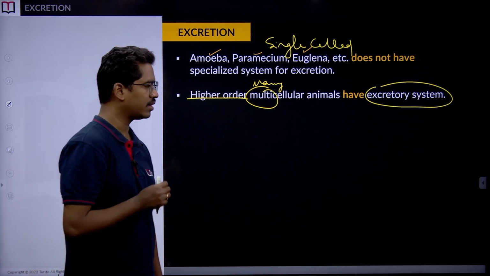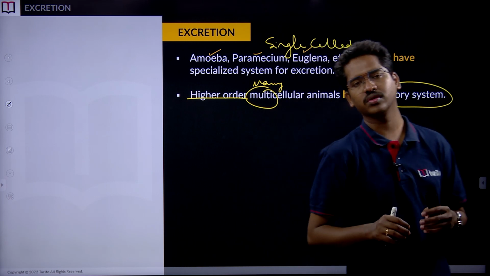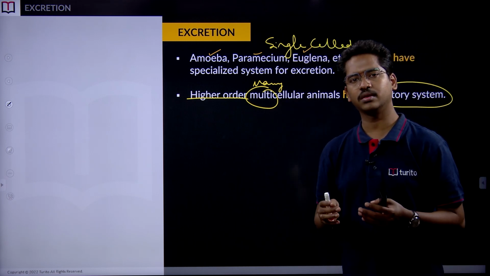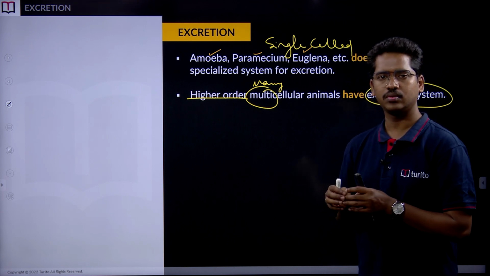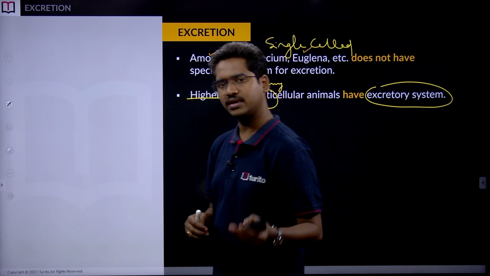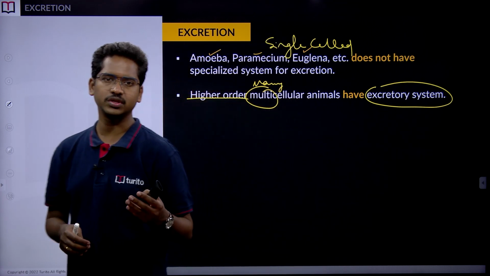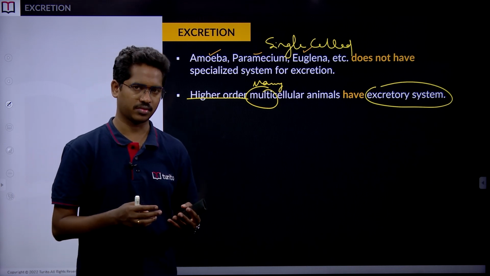When they have many cells, those cells are combined together and assigned separate teams. That means they turn themselves into different tissues, and different tissues are involved in forming different functioning organs.